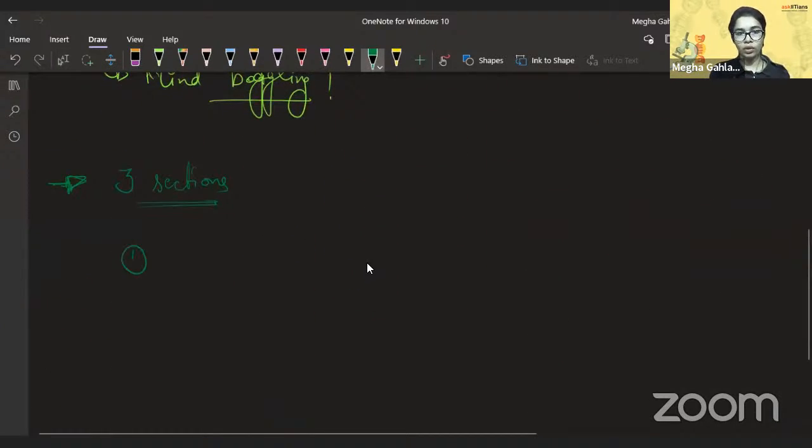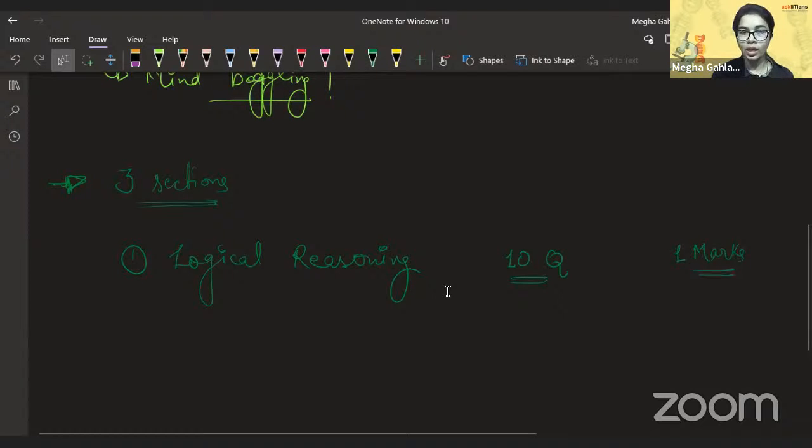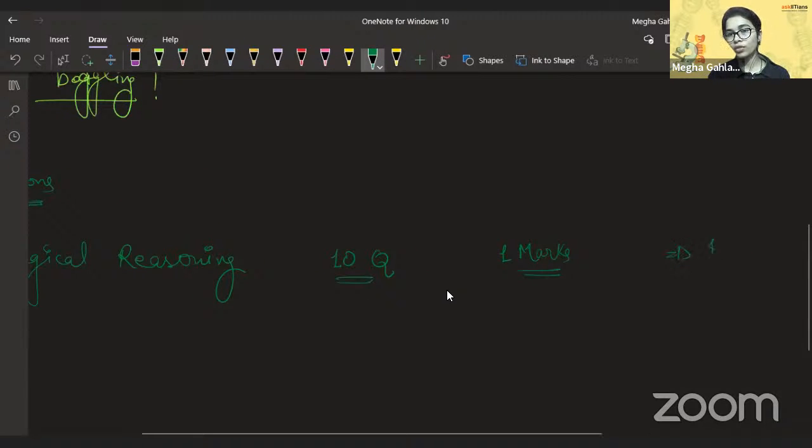For the logical reasoning section, we are going to have about 10 questions, with 1 mark awarded to each correct answer. So that leads to a total of 10 marks.